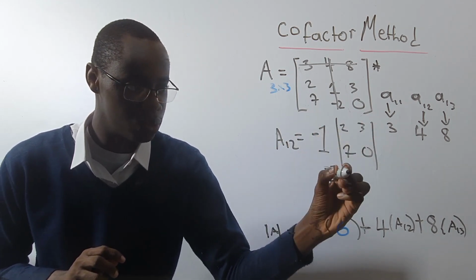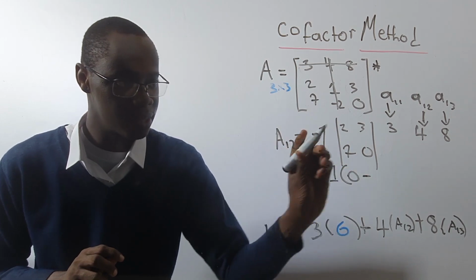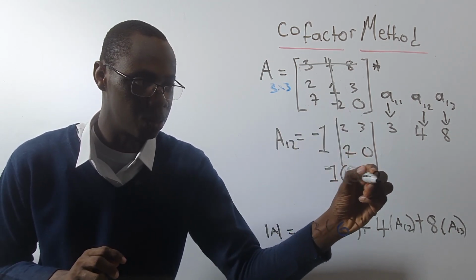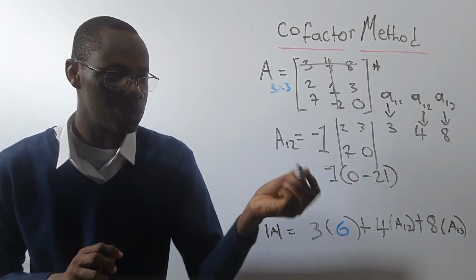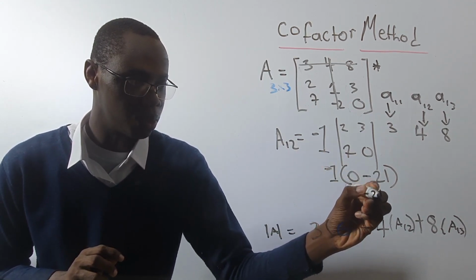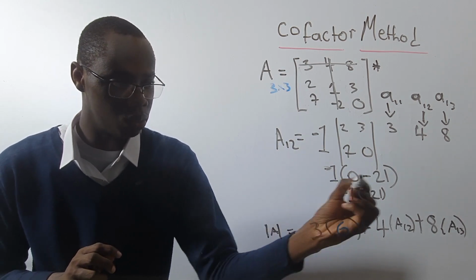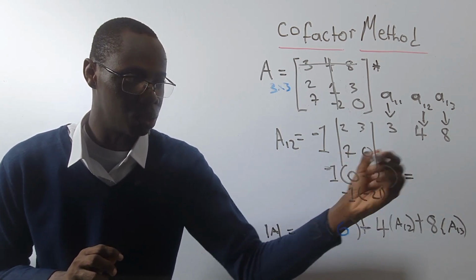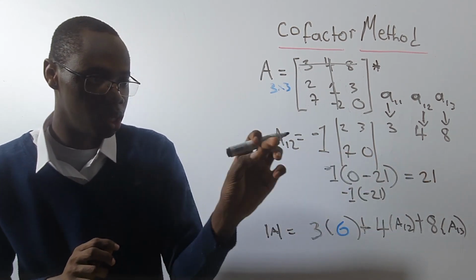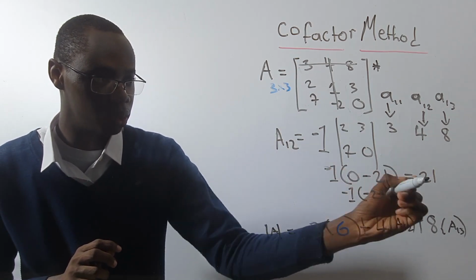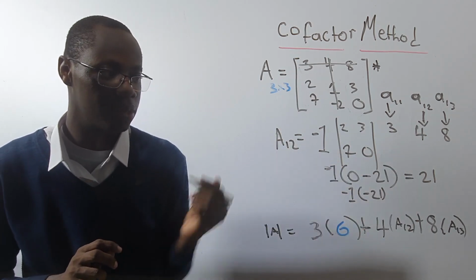So 0 times 2 is 0 minus 7 times 3, that's 21. So this here is now minus 21, and then this minus 1 here, minus 1 times this, the answer becomes 21. So A12 is 21. All we need to do is just replace it.